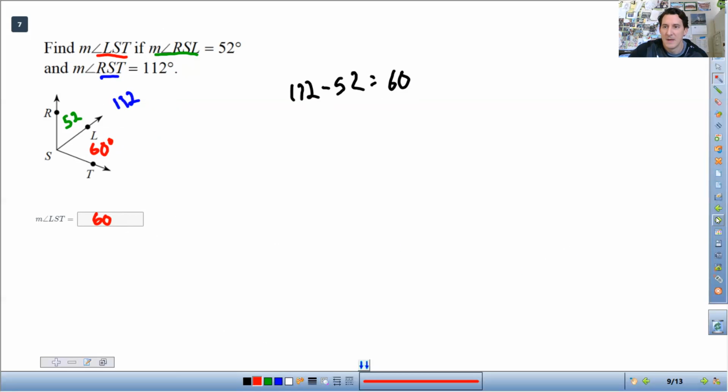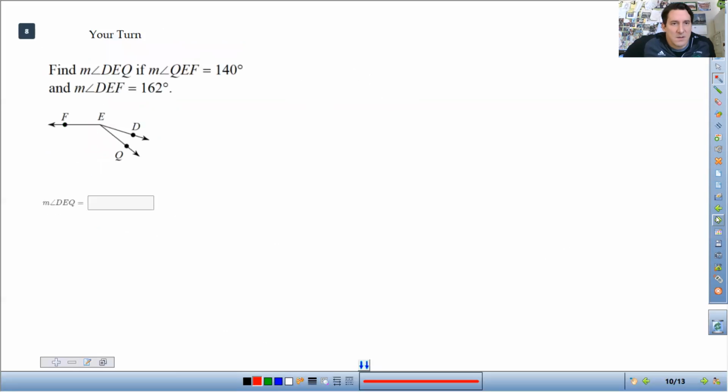All right. So DEF. Oh, do that one first. So DEF is the whole angle together from D to E to F. So the whole thing is 162.